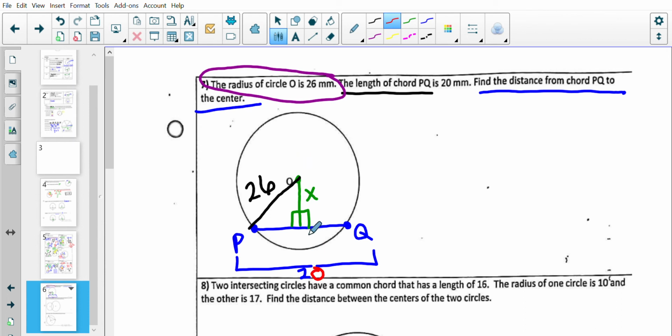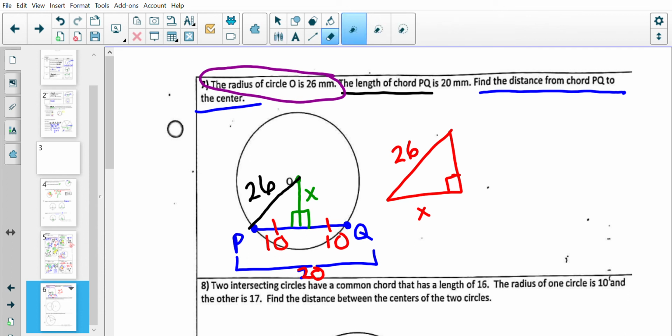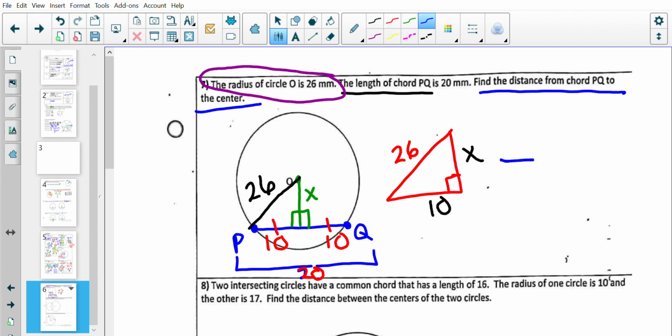Now, remember, if a segment is perpendicular from the center to a chord, then it also bisects it. So that 20 is going to get split into 10 and 10. So let's look at this triangle. We have a 10 and a 26. Oh, not an X. I'm just messing up here left and right. All right, so we have a 10 and a 26, and we're trying to find X. I'm going to reduce this triangle by dividing by 2.